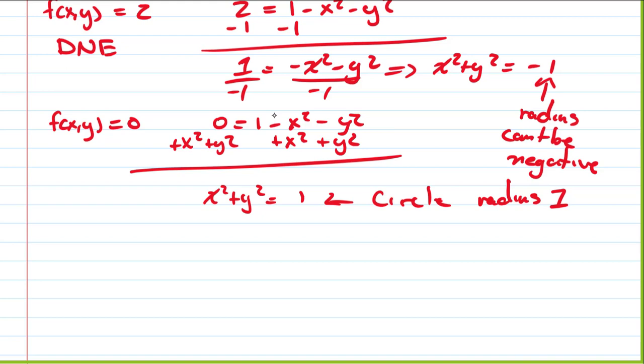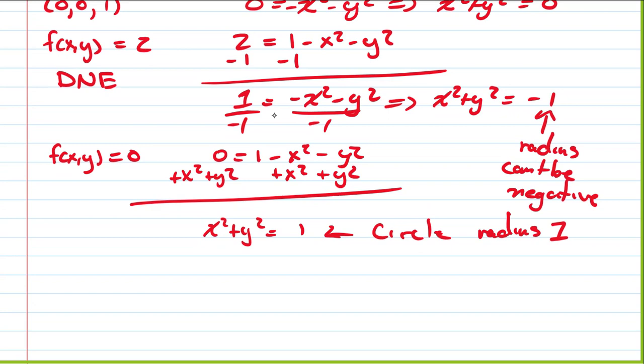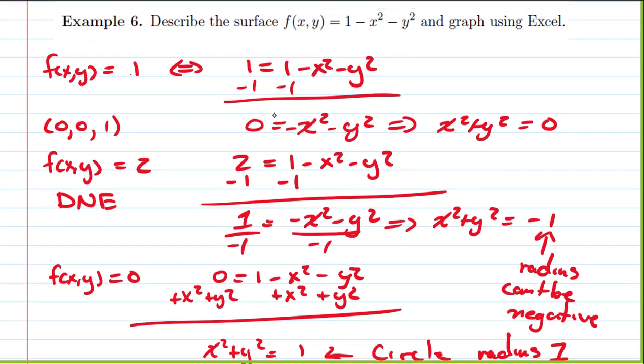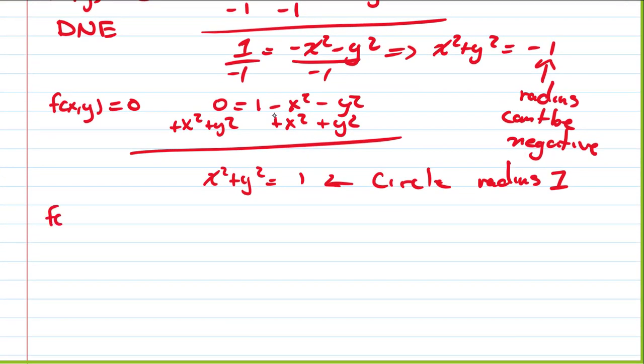So we get the equation x squared plus y squared is equal to 1. So that gives us a circle. And if we keep doing this, if we did our next one, instead of f of xy equals 0, f of xy equals negative 3, my bad.